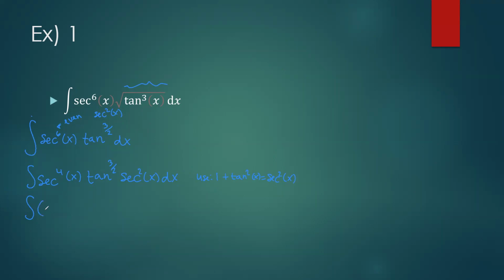So I'm going to rewrite secant squared x as 1 plus tan squared x, and then raise it to the second power. And then I'm going to leave the tan 3/2 alone, and leave secant squared x alone.